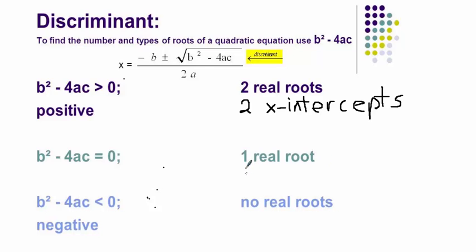One real root, or 1 x-intercept. And if it has no real roots, it has no x-intercepts.